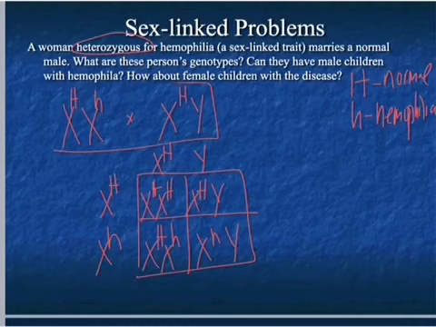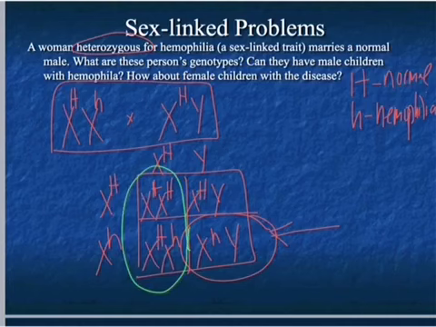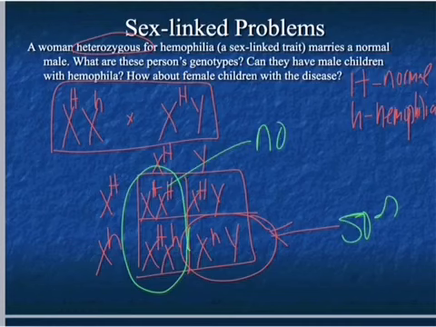Okay, so we've answered that. Can they have a male child with hemophilia? Yes, this son right here would have hemophilia. And could they have female children with the disease? Well, we'd look just over here, just at the daughters, and that answer would be no. They cannot have any female daughters with the disease. So no daughters, but 50% of their sons would have hemophilia.